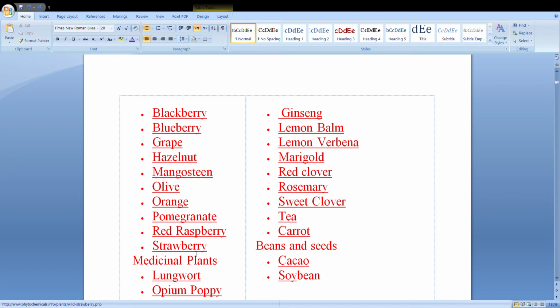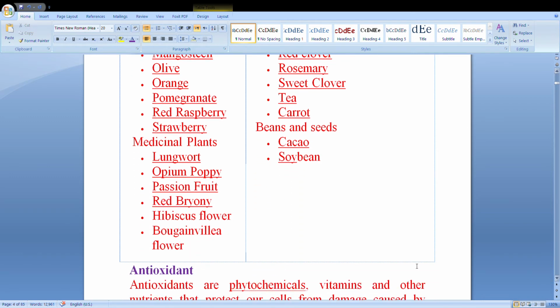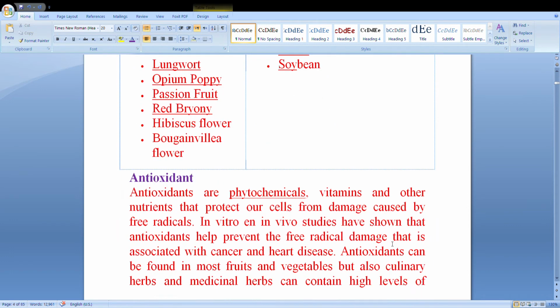And here we can also see medicinal plants, different types of plants like long oat, opium poppy, passion fruits, red brownie, hibiscus flower, bougainvillea flower. So these are the medicinal plants. They contain a lot of antioxidants. This antioxidant is most important for human nutrition and to prevent diseases.